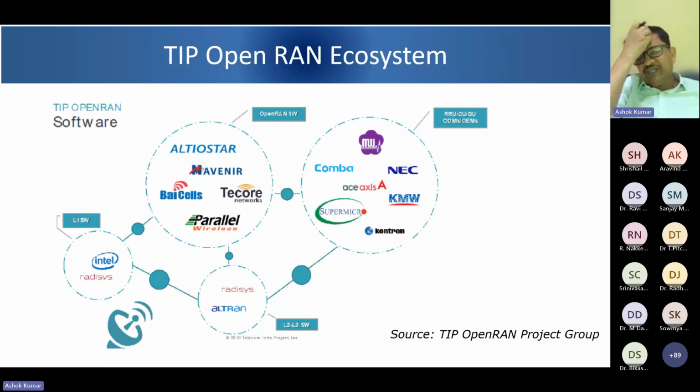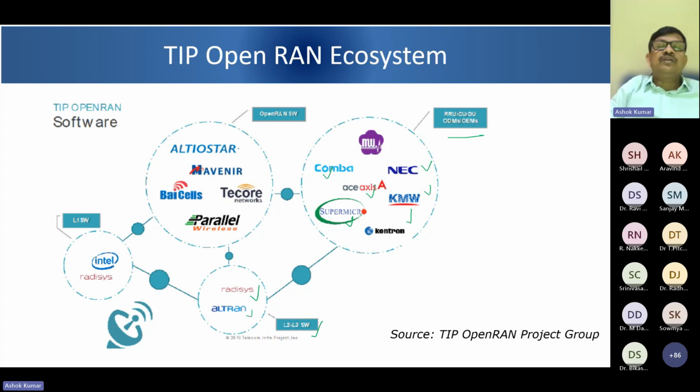So they have already developed an open RAN ecosystem. For example, if you look at different components like RU, DU, CU, these are OEMs who have actually developed along with TIP their hardware and software. Similarly, the L2 and L3 software is done by Radisys, Ultron. This is a slightly old picture. Now more ecosystem has developed.